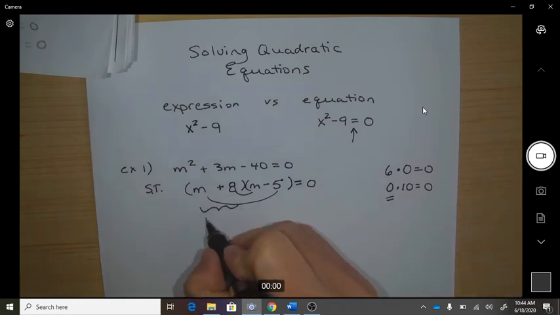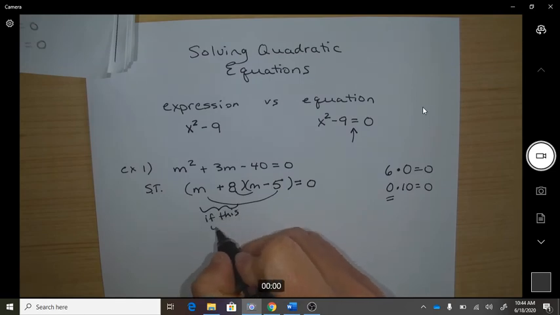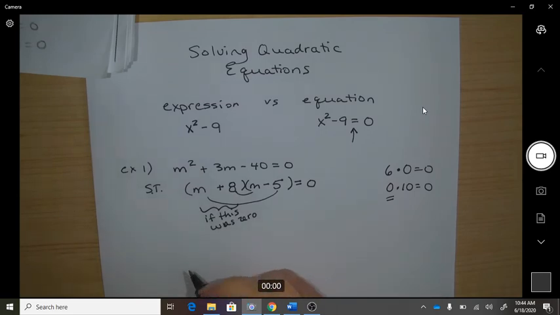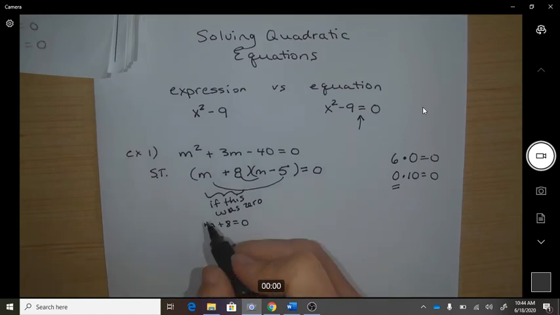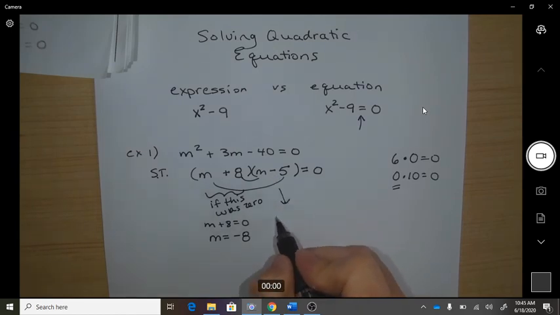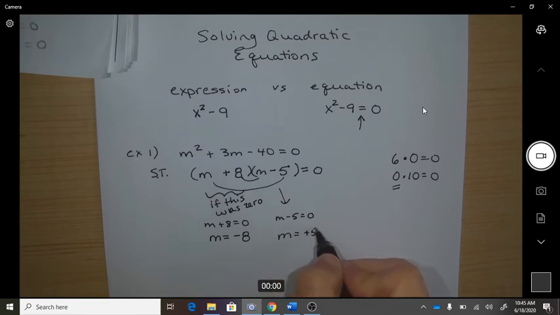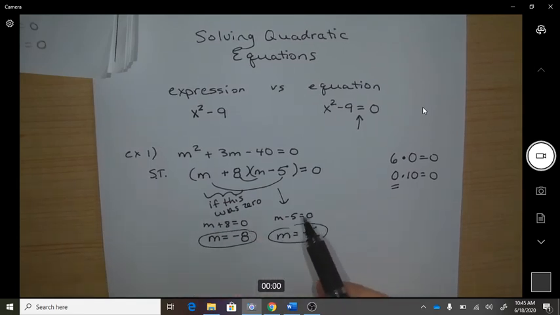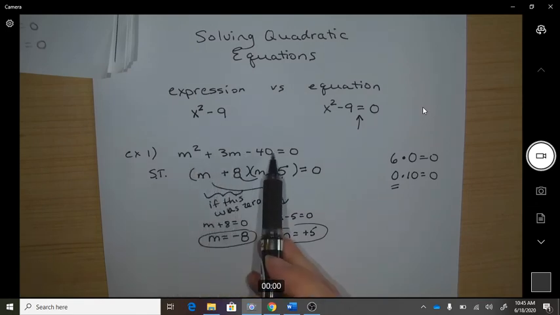So if this bracket was 0, m would have to be negative 8. If this bracket was 0, then m would have to be positive 5. So that is the solution for this equation. And you can even go back and try it in your whole equation and it should work.